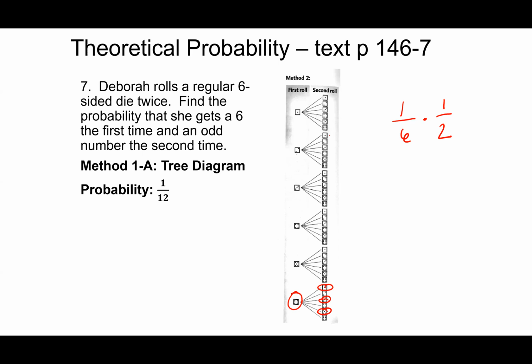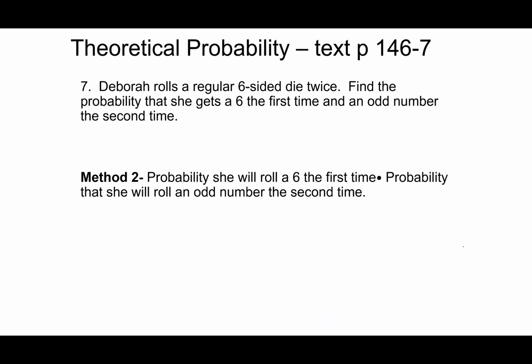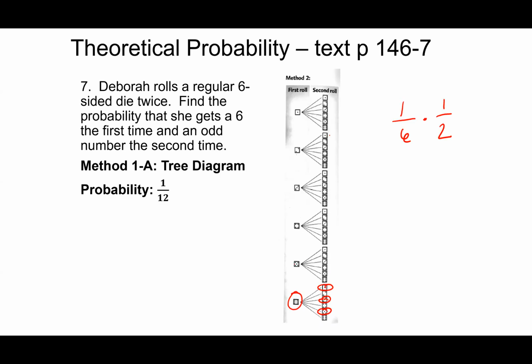Let's talk through it again. It's okay. Is anybody confused by that? Anybody else? It's okay if you are. I want to keep it on the chart so you guys can see. Okay. So we're multiplying the second roll times the first roll, right? What's my probability that she's going to roll a 6 on the first roll, class? 1/6, right?